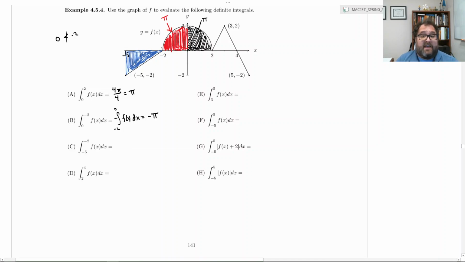But let's first find the area, because that'll tell us our answer for the definite integral with a slight modification. So let's see. The base of this triangle, well, you can orient it however you want. I'll say the base is this distance right here, which has a distance of 2, because the y value there is negative 2. And then we have from negative 5 to negative 2, so that's a distance of 3, I suppose.